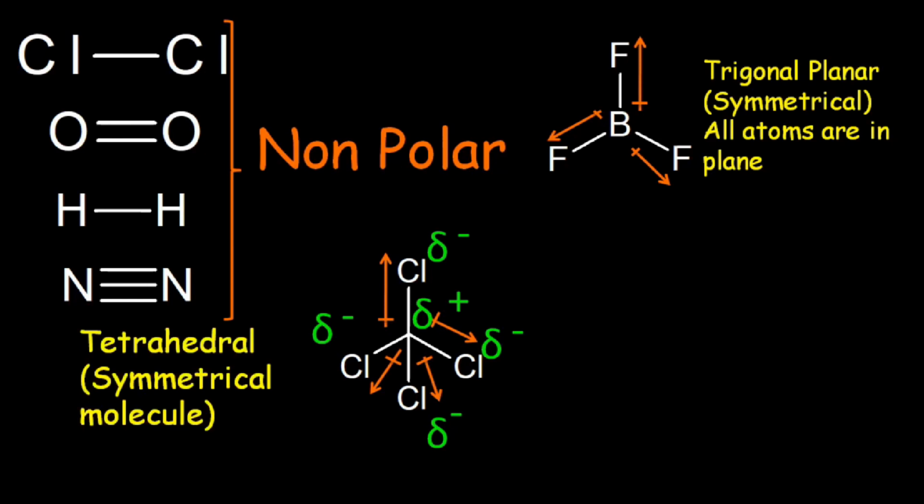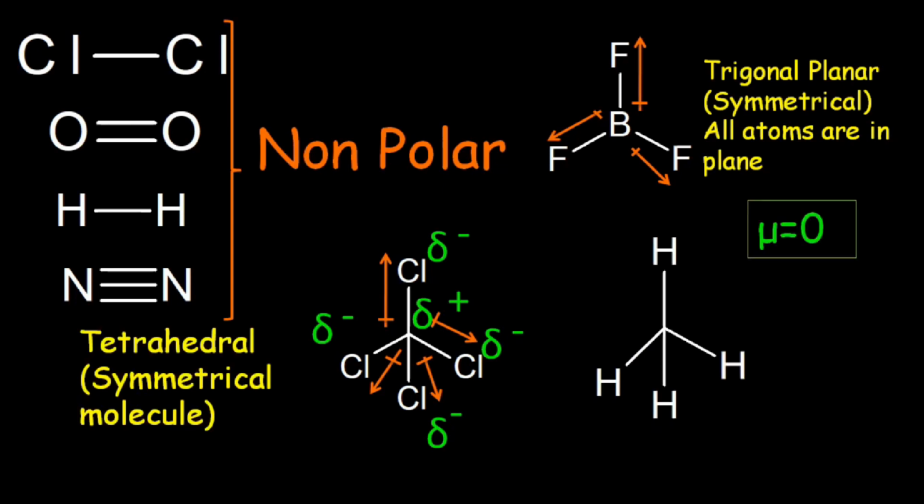It is a symmetrical molecule. The same is the case with methane. All these three molecules have zero dipole moment because the arrangement of atoms in space is such that the dipole moments of individual bonds cancel the effect of each other, making the molecules non-polar as a whole. So this was all about the dipole moment.